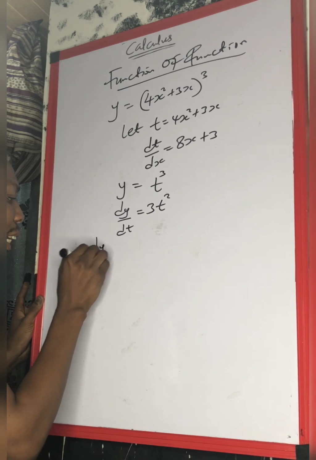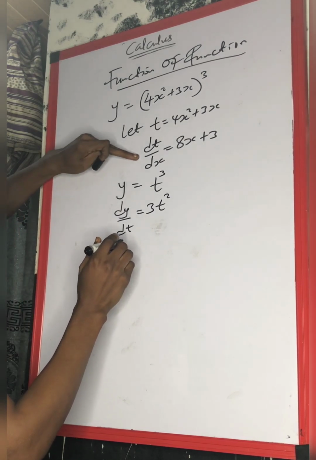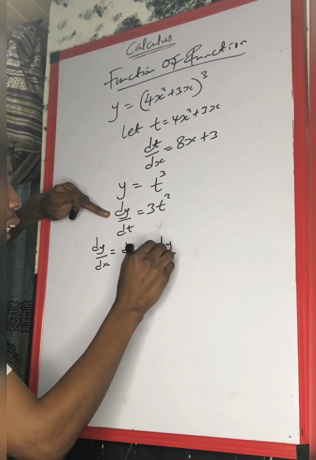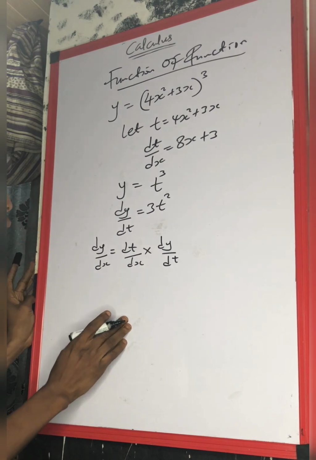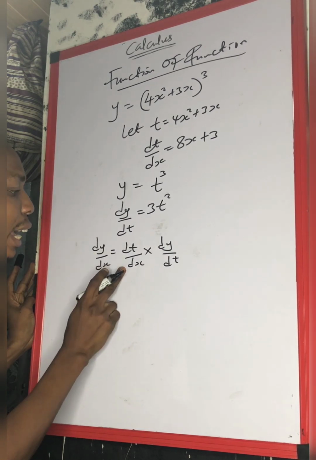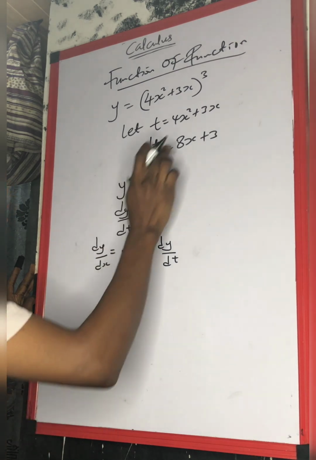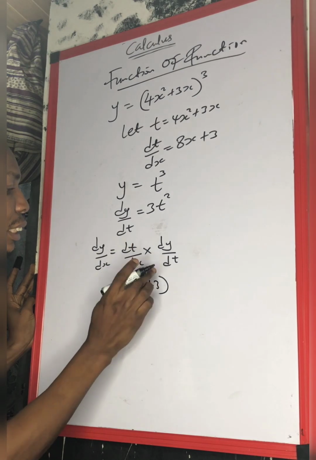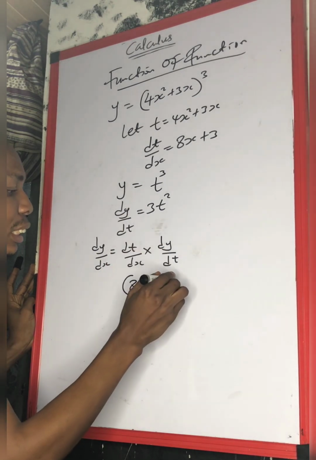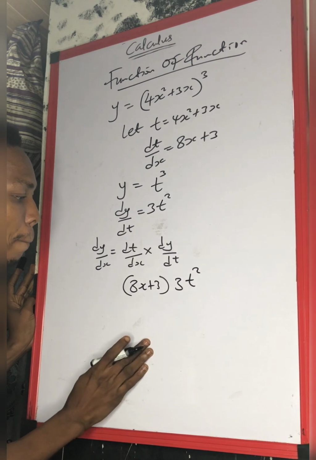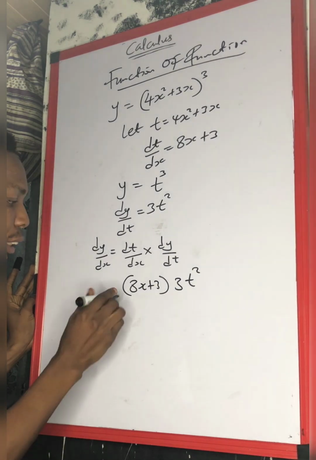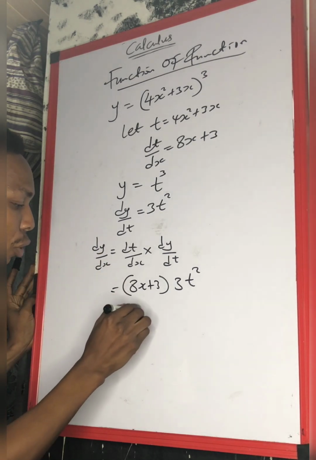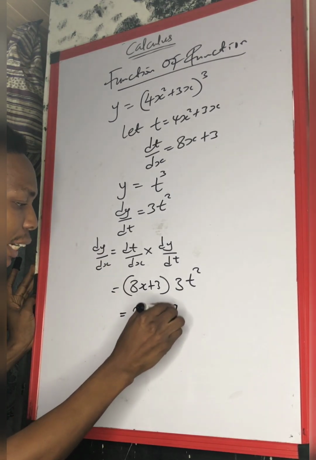To get our dy/dx, it becomes dt/dx times dy/dt. So dt/dx is 8x plus 3, times dy/dt, which is 3t squared. So I can use this 3 to open up this. So it's 3 times 8, which is 24x, plus 9.